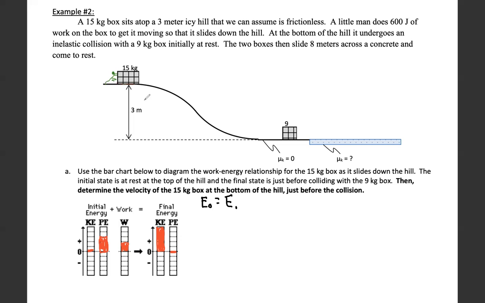Why don't we say this is E naught, when we're up here, and E1 is when we get down here before the collision.